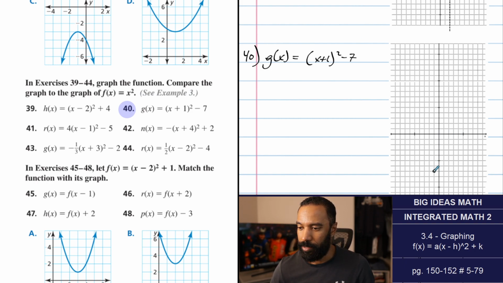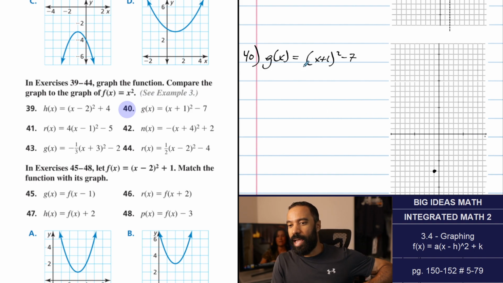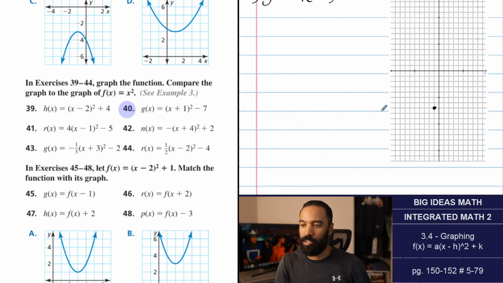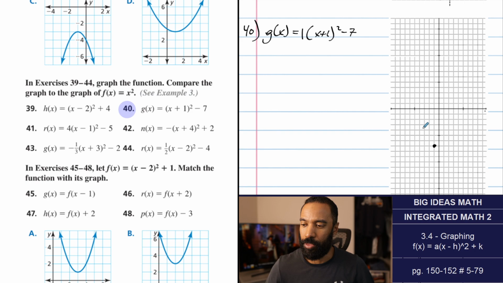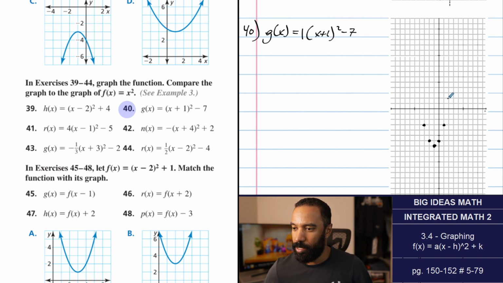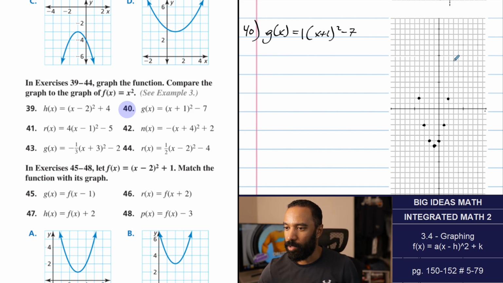So all the way down here. And then vertical stretch once again of 1. So it's the same thing. We got 1, 1, 2, 4, 3, 9, 4, 16. No axis this time. 1, 1, 2, 4, 3, 9 up, 4, 16 up at y equals 9.